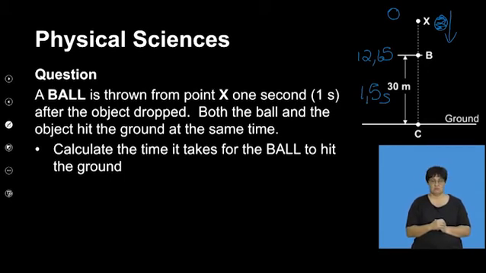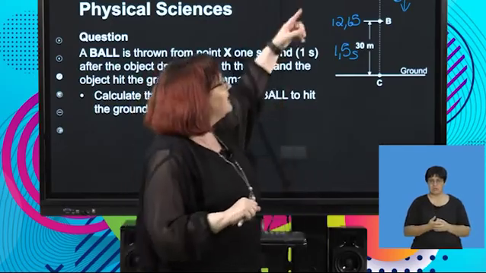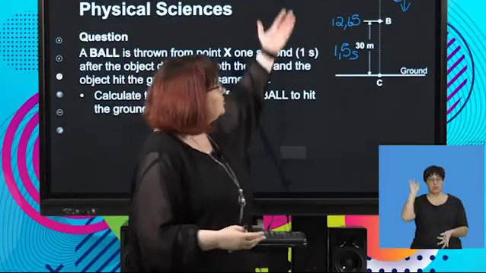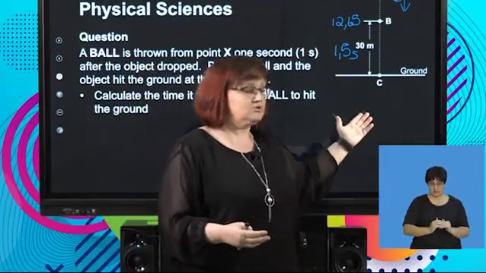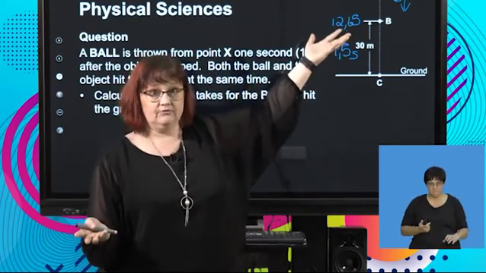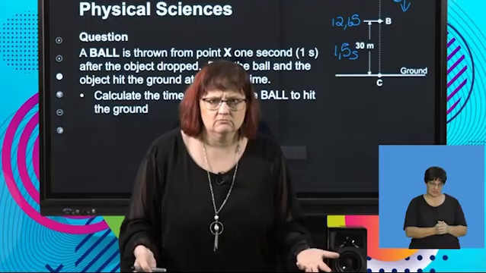So, actually, I could work out the time it takes for X to hit the ground, and then minus 1 from it. That would be so much easier. I could work out the total distance if I wanted to, and then work out how long the ball takes to hit the ground. I could work out X's final velocity if I wanted to, but let's go the easy route.